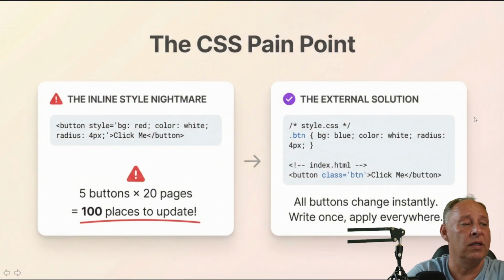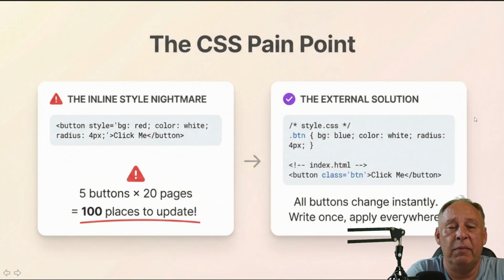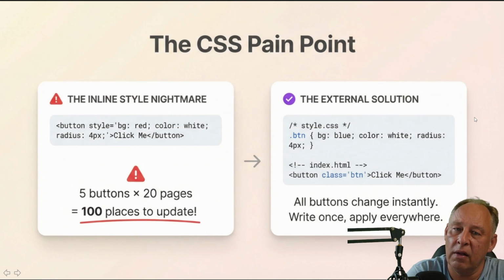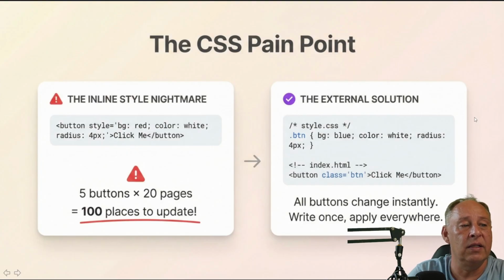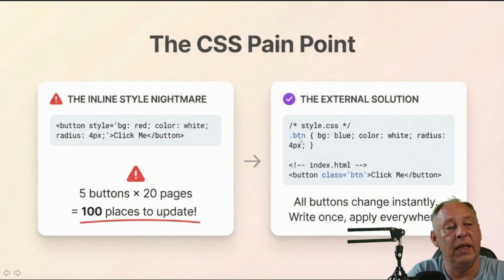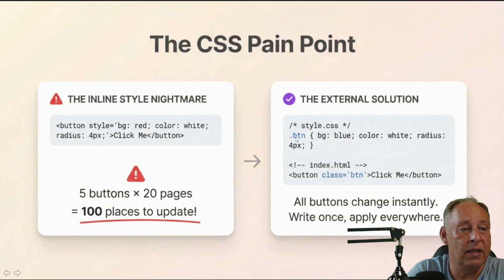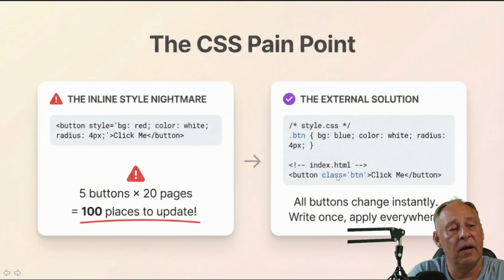So what happened was, I can't remember who was the person that started it, but they said, how about we just take all the styles and the child styles and so forth and put it in a separate file, meaning we can take, for instance, the style called BTN that would normally stand for button, and say, all right, if I have a button and I say the style, and you can see the HTML there, it says button class BTN.